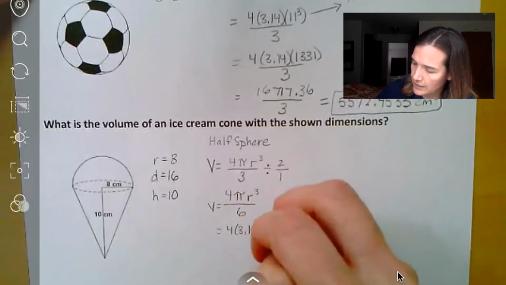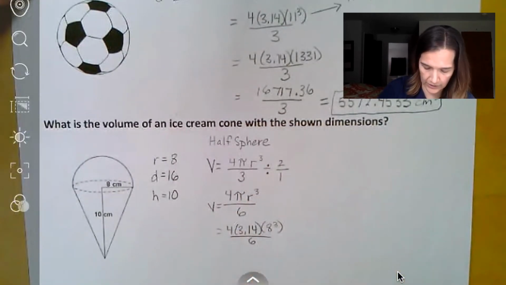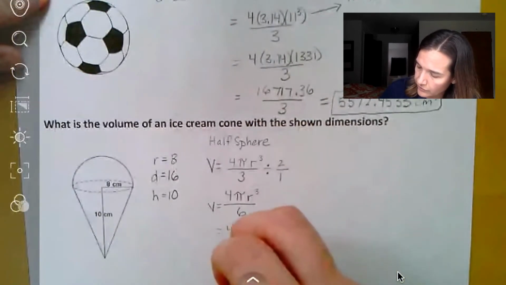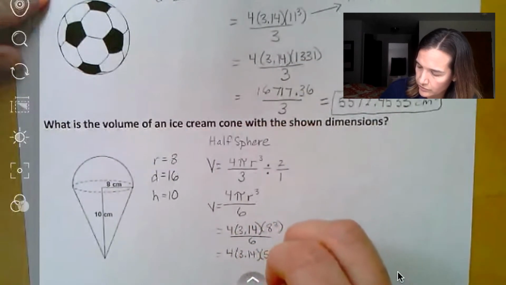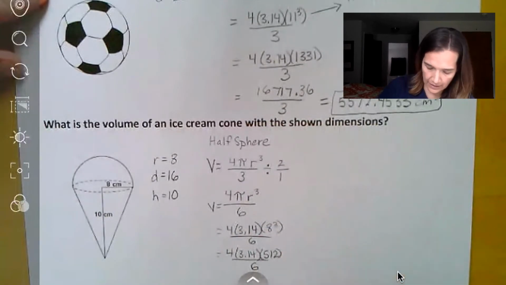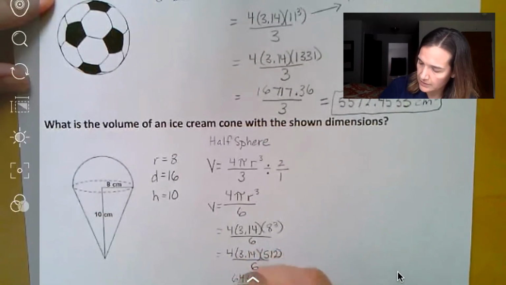Putting the numbers in, we get 4 times 3.14. Our radius here is 8, so we're going to do 8 cubed divided by 6, although that's unusual. 8 cubed is 512, so now we're at 4 times 3.14 times 512 divided by 6. And again, multiplying these out, we get 6,430.72 divided by 6.